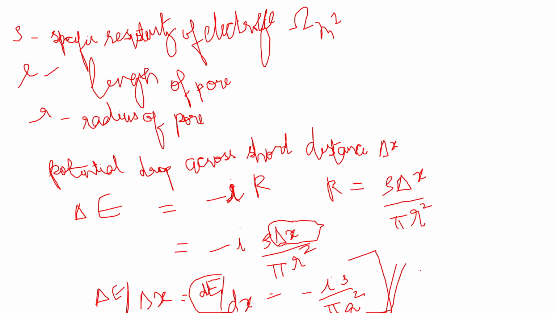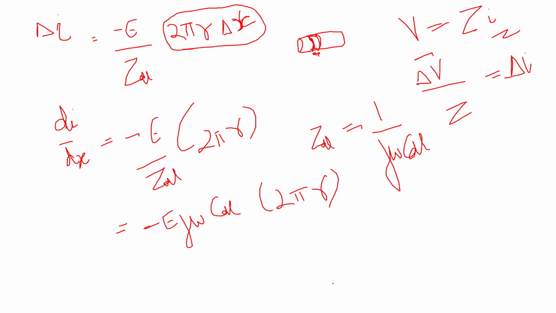This equation, I am differentiating it with respect to d by dx. When I differentiate it, I'll get d square E by dx square into minus, rho is a constant, pi r square is a constant, that will move out. You'll have di by dx, right? I'm repeating it again, d square E by dx square will be equal to minus di by dx into rho by pi r square. Okay, so you already know the value of di by dx from this equation, right? You can substitute there. Are you following that?